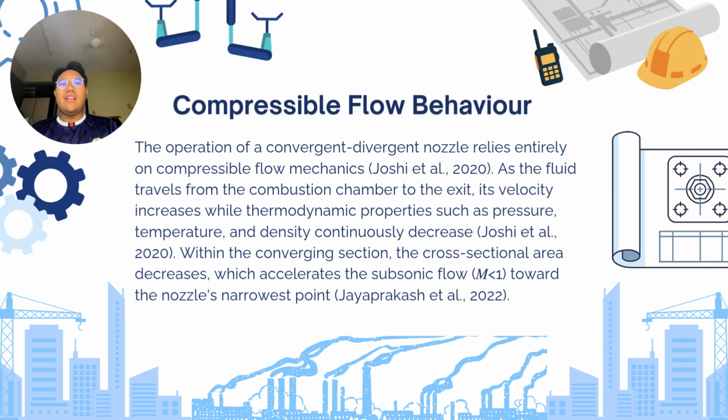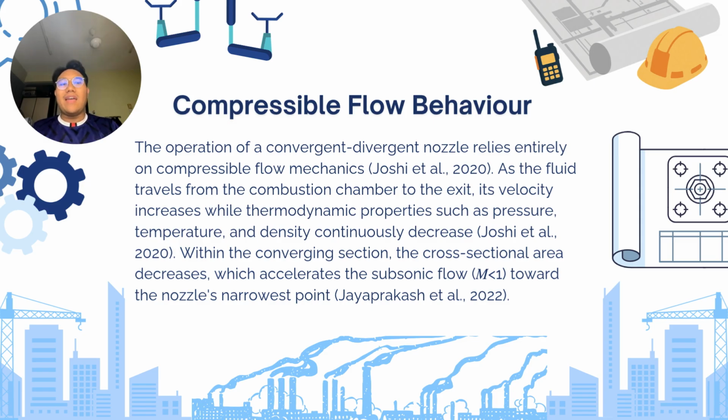Okay, next, let's look at how the convergent and divergent nozzle works using compressible flow mechanics. As hot gas travels from the combustion chamber towards the exit, a fascinating trade-off happens. Its velocity shoots up, while pressure, temperature, and density drop. Focusing specifically on the converging section, the physical space gets narrower.